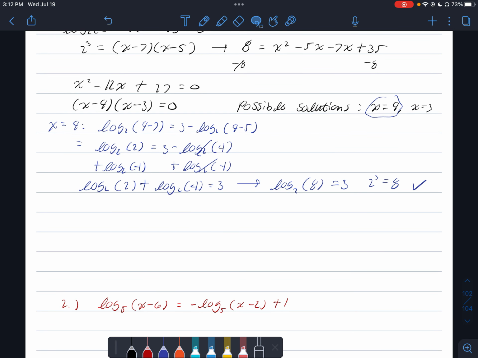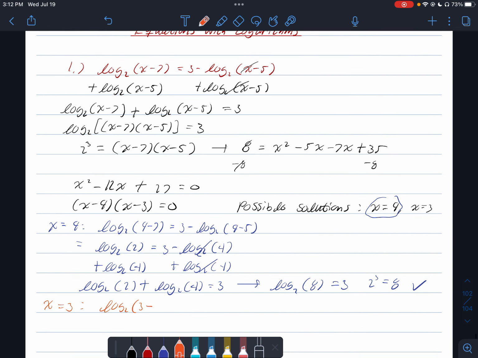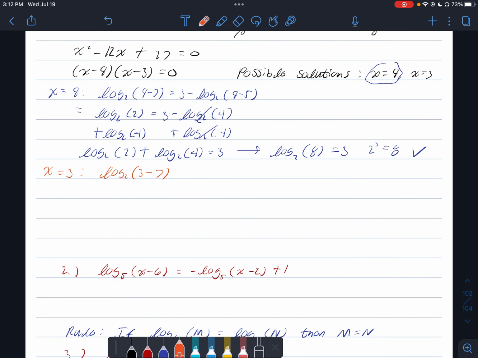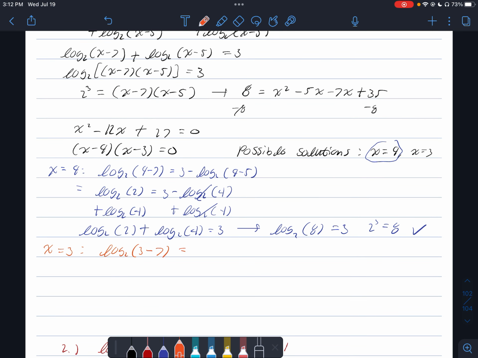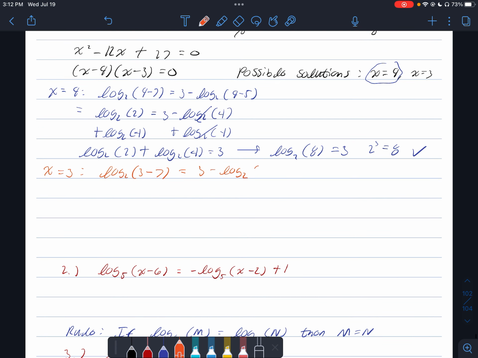All right. So let's try x equals 3. Okay, so here we have log base 2 of 3 minus 7 is equal to 3 minus log base 2 of 3 minus 5.